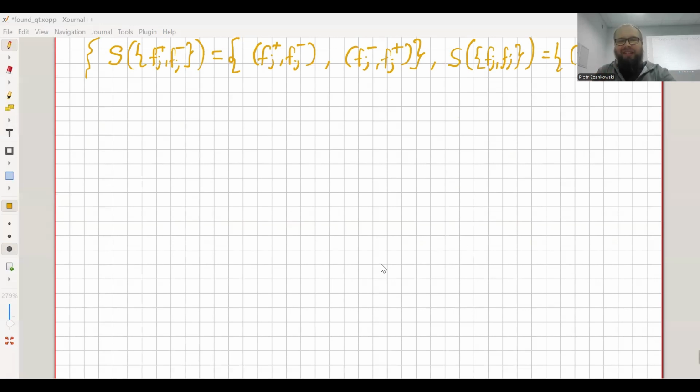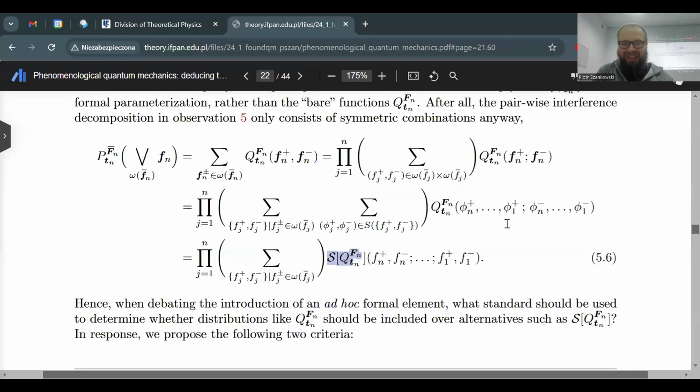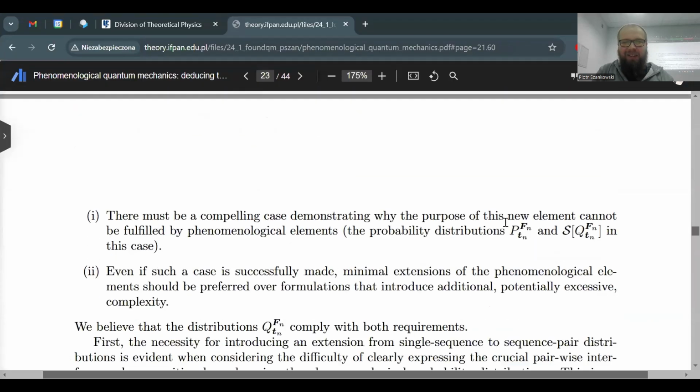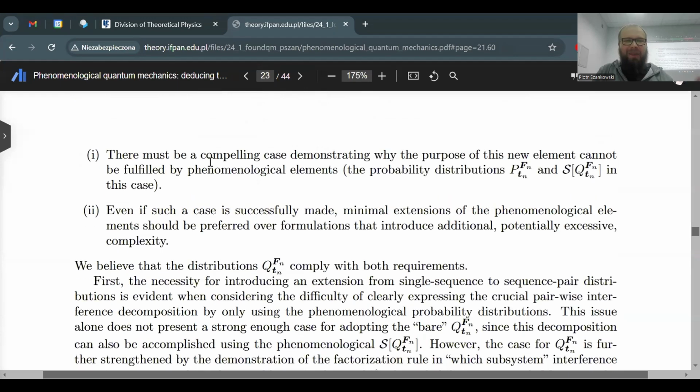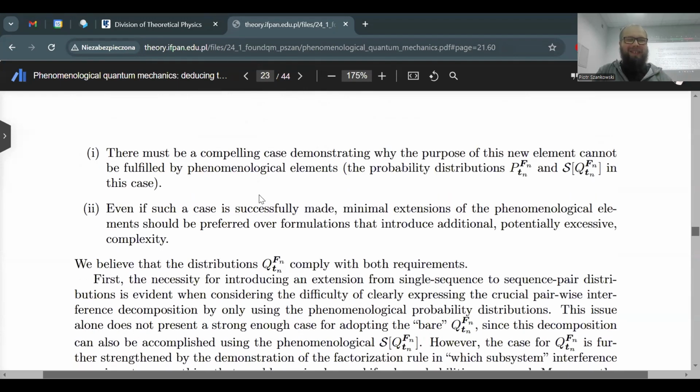And you know what? I will come back to the file again because I don't need to write it down again and again. So we have two points, okay? Point number one: there must be a compelling case demonstrating why the purpose of this new formal element that we are introducing, like Q, cannot be fulfilled by phenomenological elements.